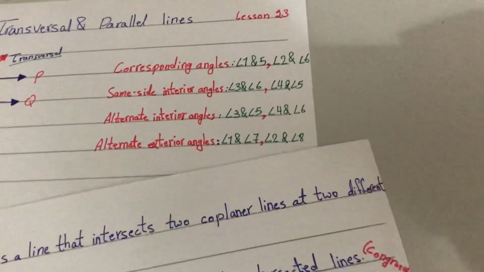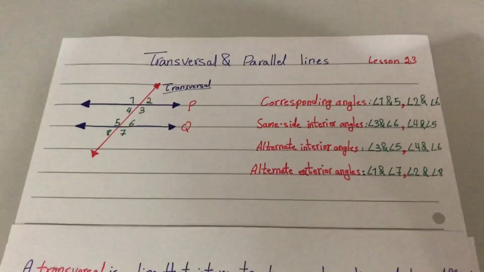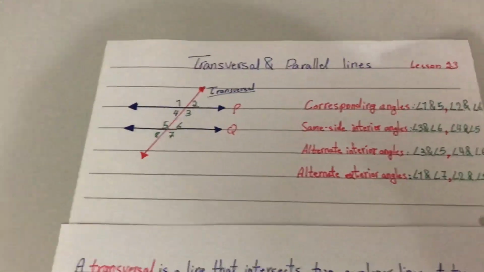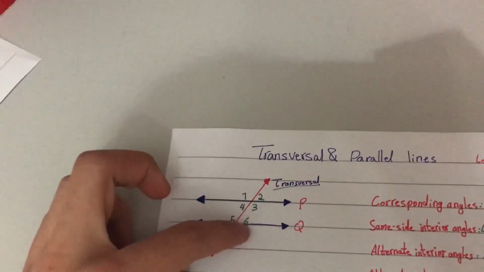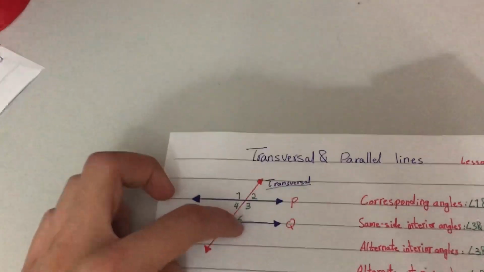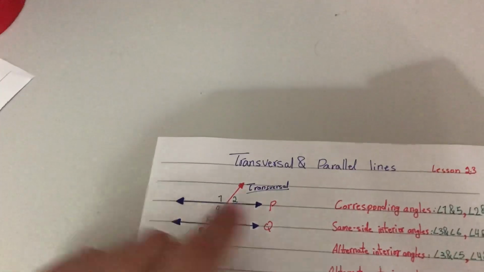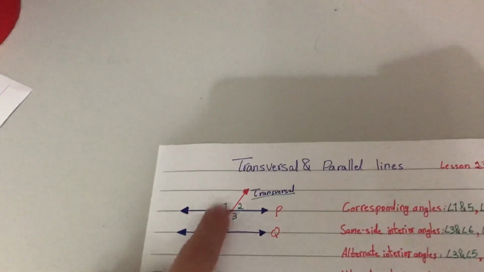We said that supplementary means the total of two angles forms 180 degrees. So for same side interior angles, we got angle 3 and angle 6, that make 180 degrees. And we got more pairs, for example angle 4 and 5, which will be these two.